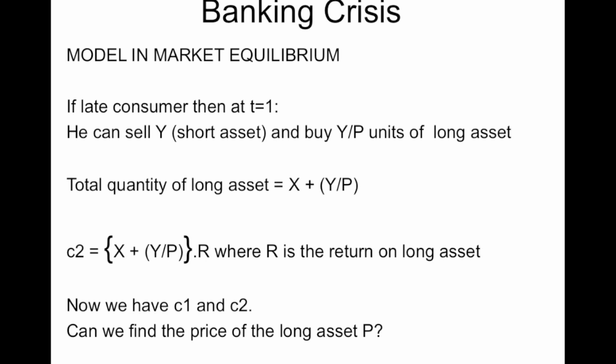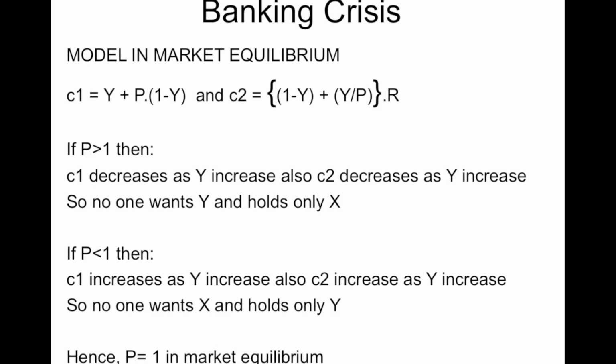So assuming that this investor is going to consume C1 at t is equal to 1 and C2 at t is equal to 2, can we now work backwards to derive the price at which we assumed the long asset traded? Let's assume that the price is greater than 1. In this case, consumption at 1 decreases as y increases, and also consumption at 2 decreases as y increases.